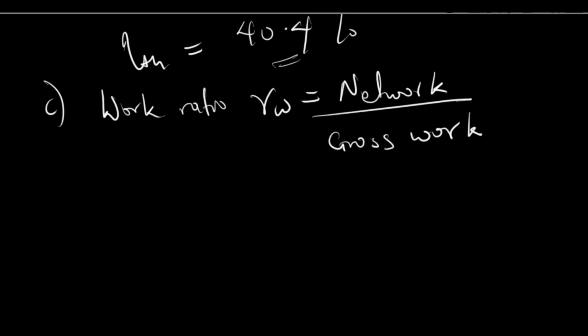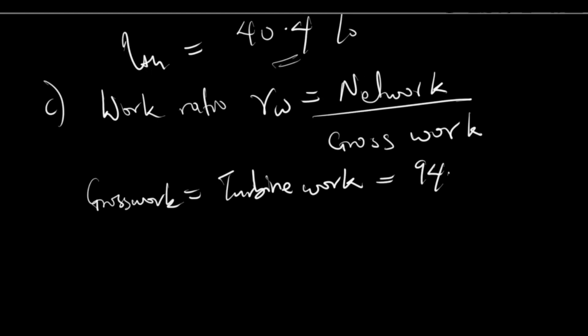So inputting, we have 725 over 940. The work ratio hence is 0.771.